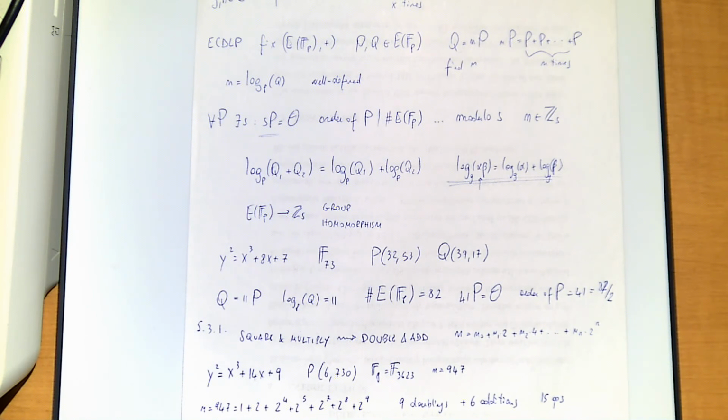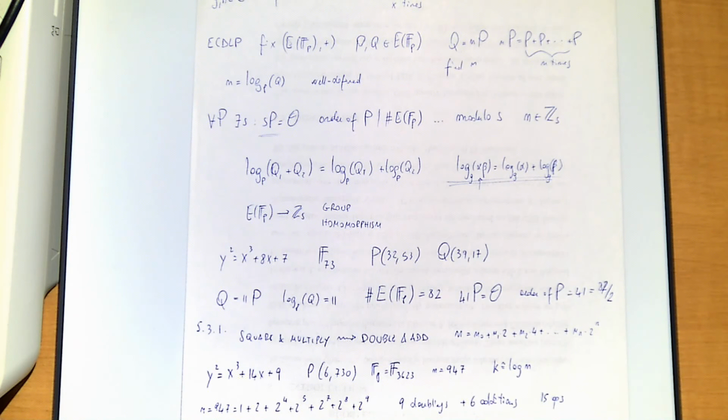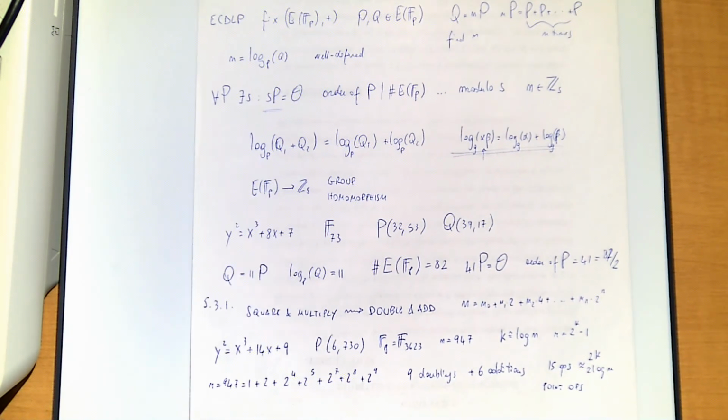If I call k approximately the logarithm of n, then with the double and add, the worst case scenario is that n is of the form 2 to the k minus 1, with all the powers there, and then I have at most 2k, so roughly 2 log n, right? So that's why I say it's logarithmic in size. I have 2 log n of what we call point operations, in this particular case, point additions.